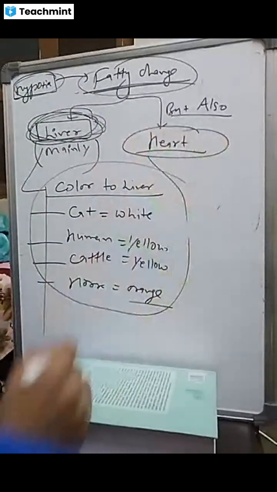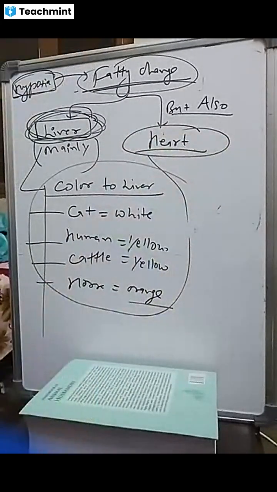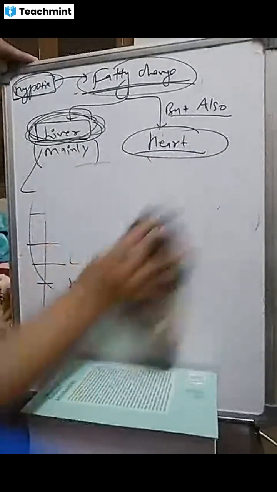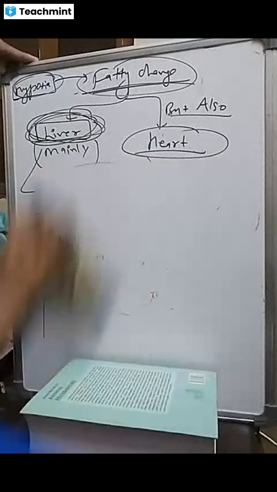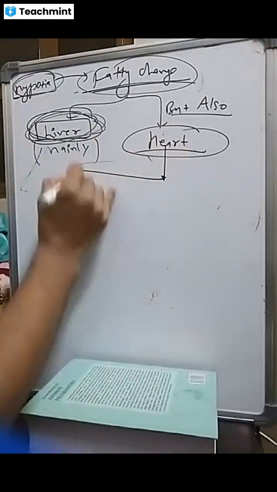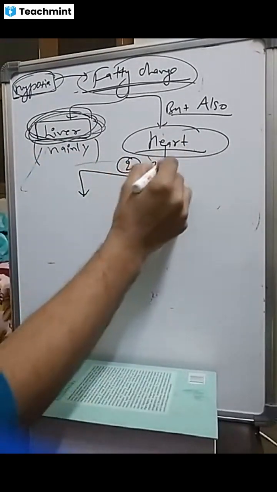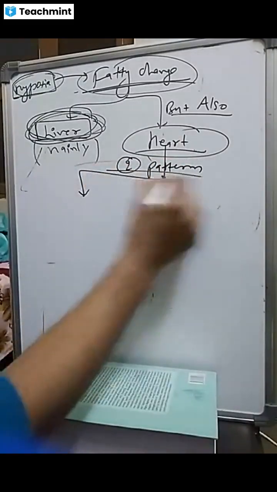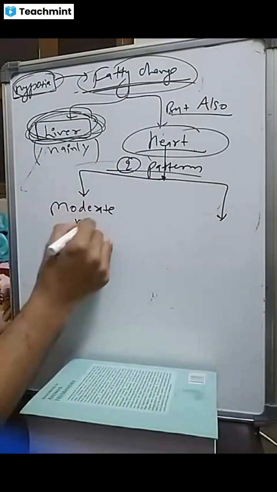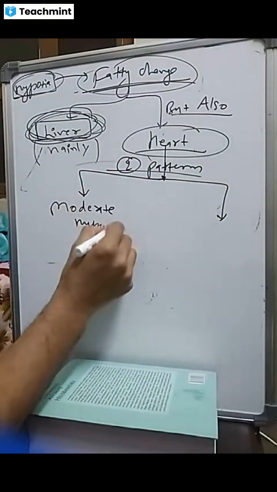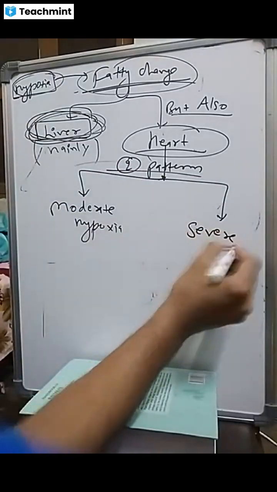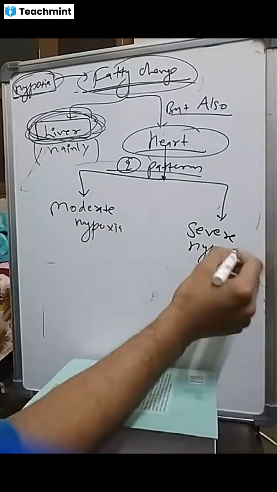But in the case of the heart, the fatty change which occurs here is of mainly two patterns. One is due to moderate hypoxia and one is due to severe hypoxia.